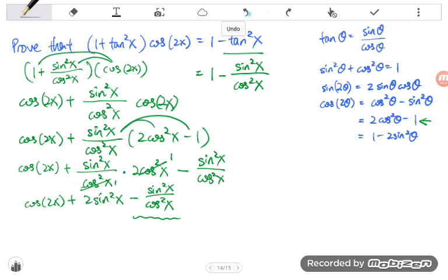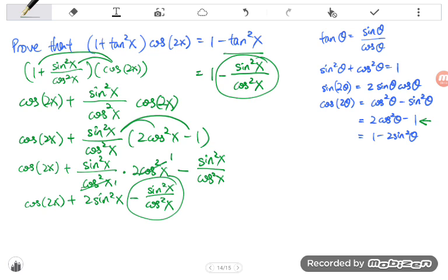So when we are trying to prove stuff, we have to be very mindful of every step. After every step, always take a look at where you are trying to get to and see if there's anything that could give you what you want, right? So now I already have this minus sine square x over cos square x.